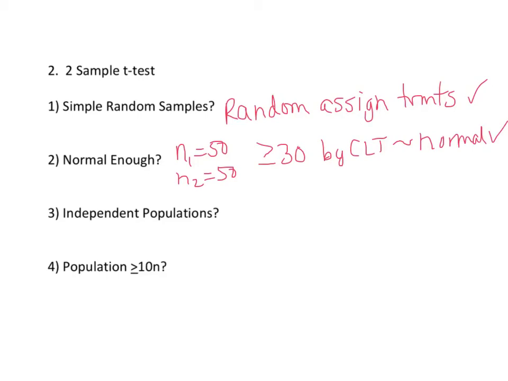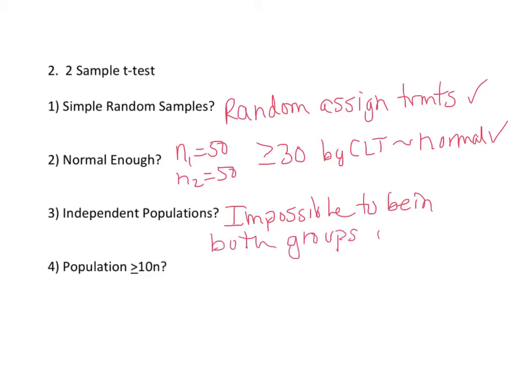For independent populations, again, we're talking overlap. It's not possible for someone to be in both the new drug treatment group and the standard drug treatment group. So it's really impossible to be in both groups, and that's really what we're concerned with here with independence.